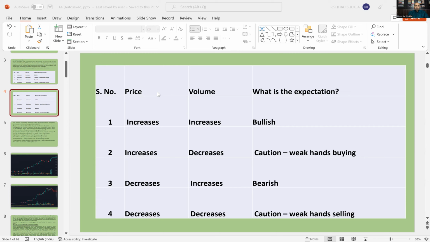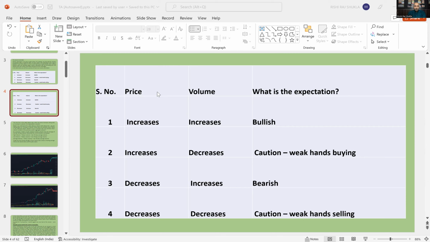Otherwise, there would have been very little volume, below average. So we should also be with smart money. And if we have already taken a position, we should also exit like smart money, because there are chances of the script falling down and going into a downtrend.